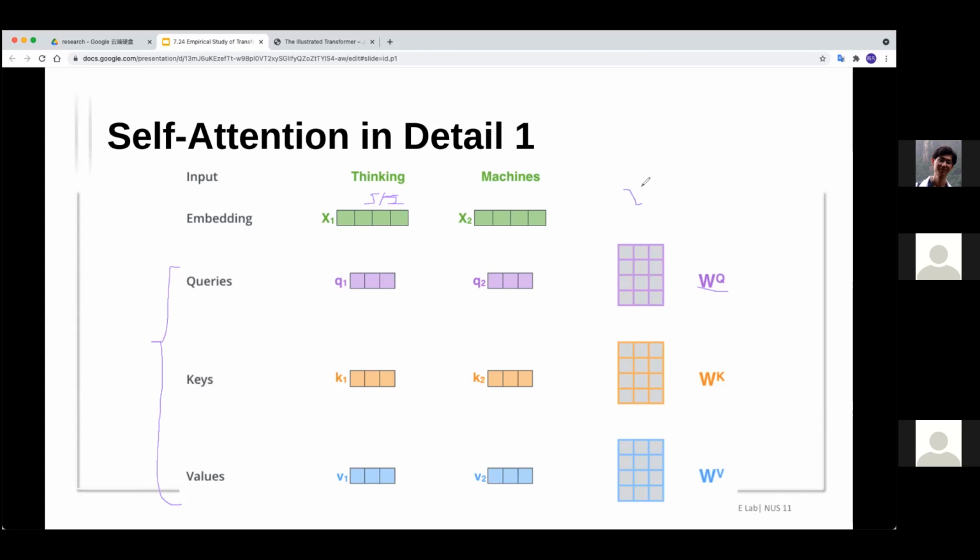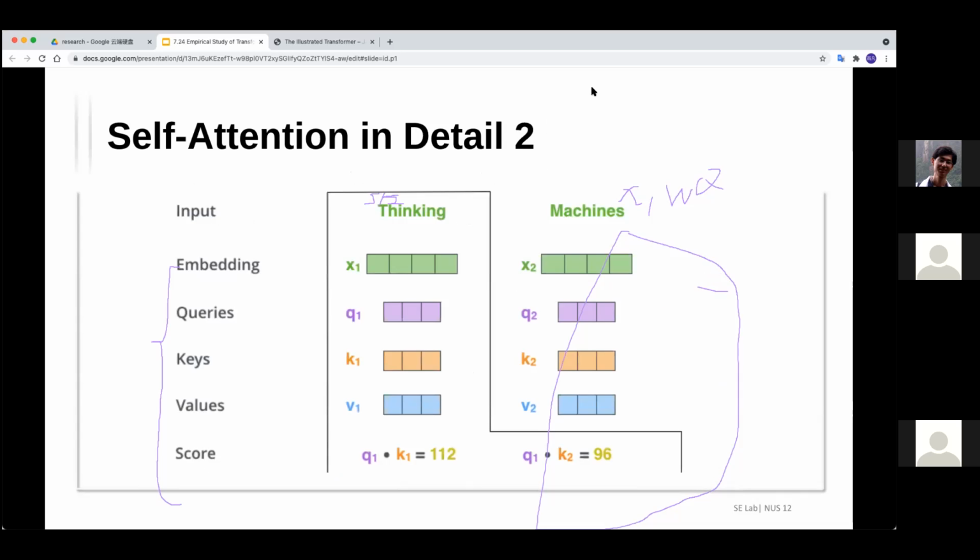That means you just multiply X and W to get the queries, keys and values. These are trained parameters used to get the three vectors.